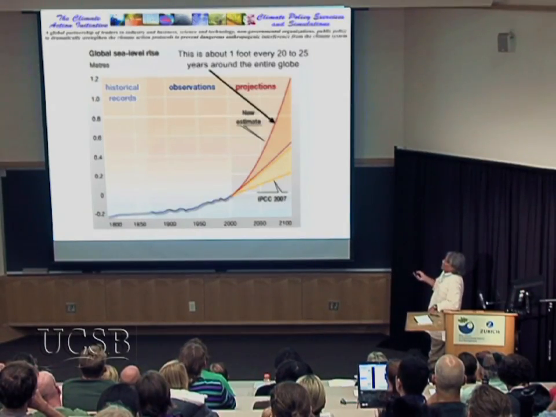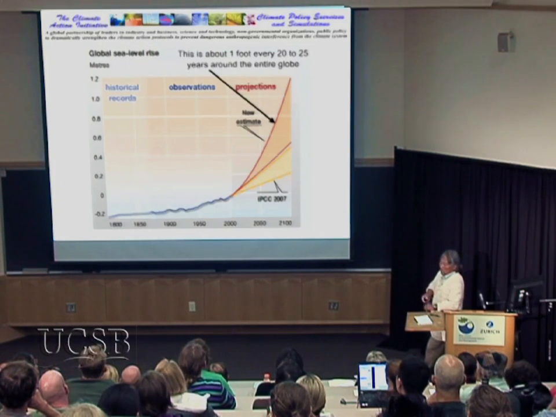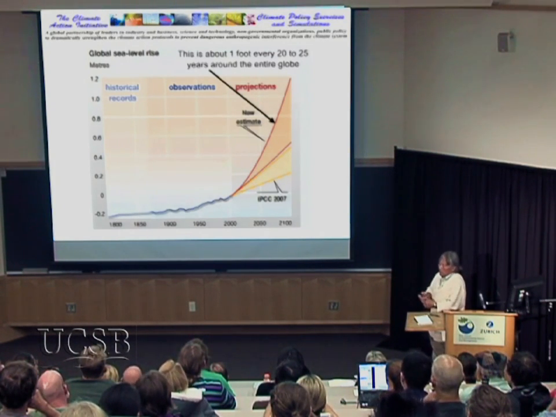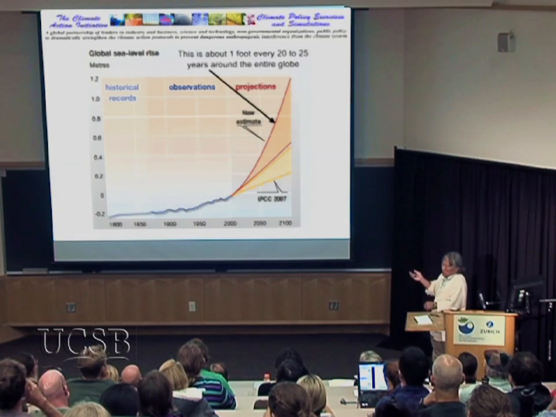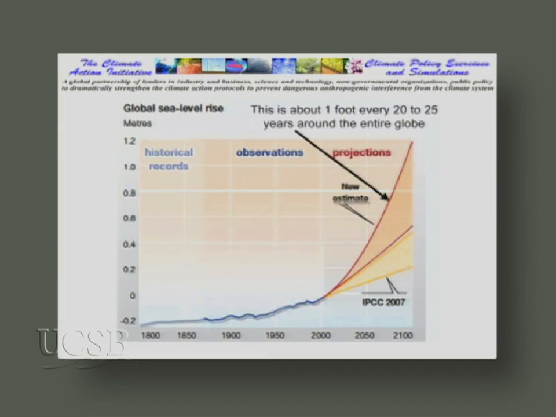And these are some of the projections, and as indicated in a number of reports after the AR4, the IPCC 2007 report came out, that actually this was a gross underestimate because of new findings of the speed at which the Greenland ice sheet was melting and moving into the ocean. And so you could see the dramatic changes in the projections that the science community is looking at now in way of potential sea level rises.